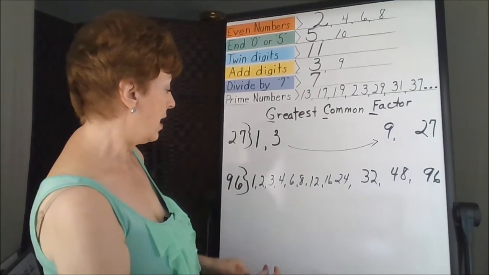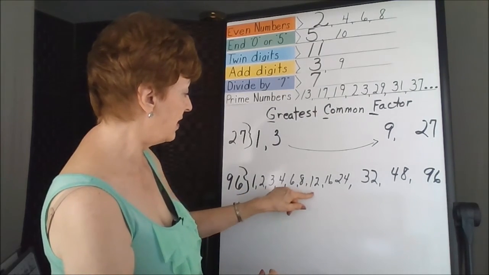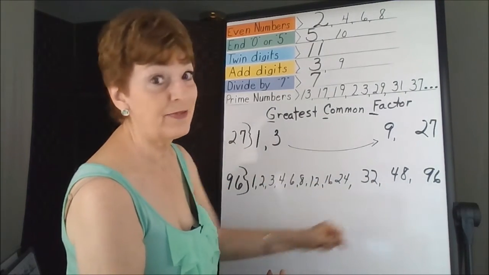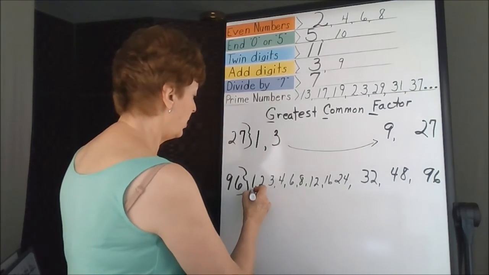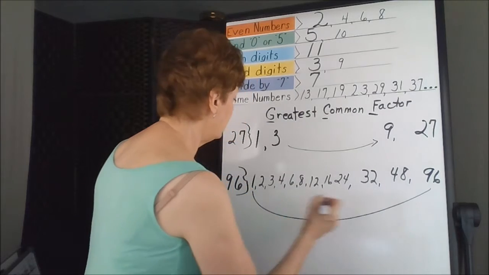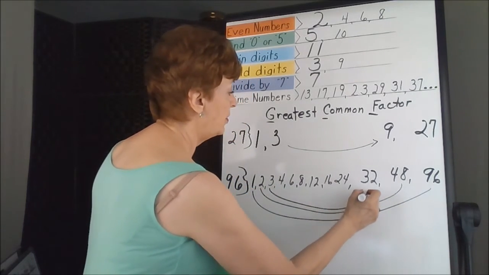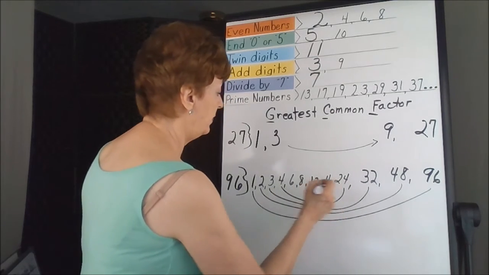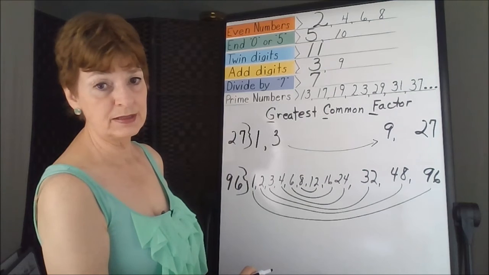So wow, our factors for 96, we had 1, 2, 3, 4, 6, 8, 12, that's a lot. And they all paired. 1 paired with the 96, 2 paired with the 48, 3 paired with the 32, and so on like that. It almost gives you a smiley rainbow.